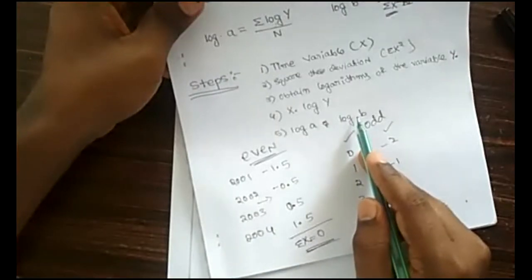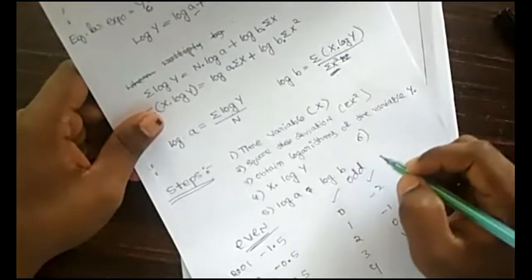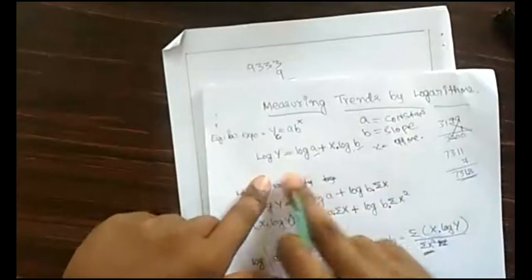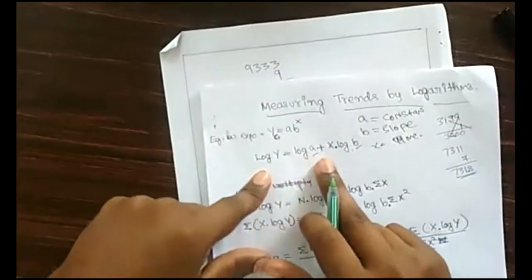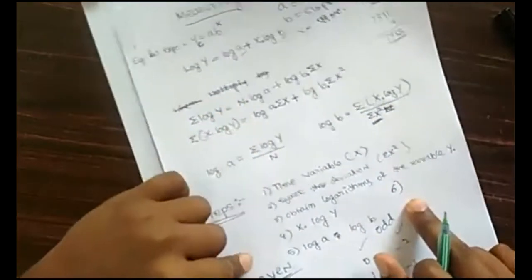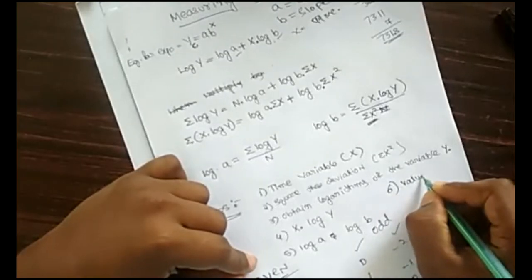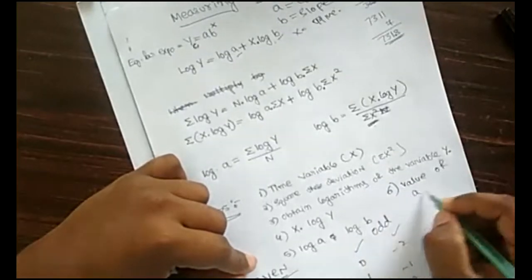Once you have calculated log a and log b, you can estimate the trend values using the equation log a plus x into log b. Or, in the sixth step, we can find the value of a and b.